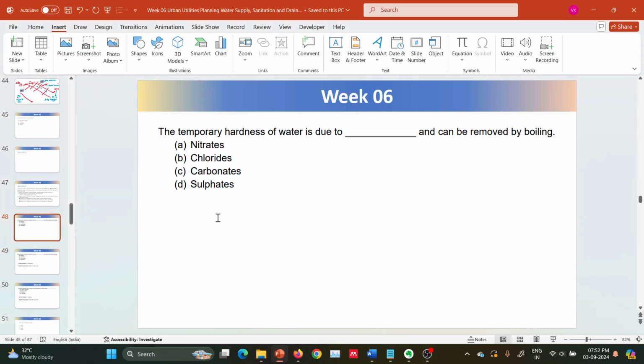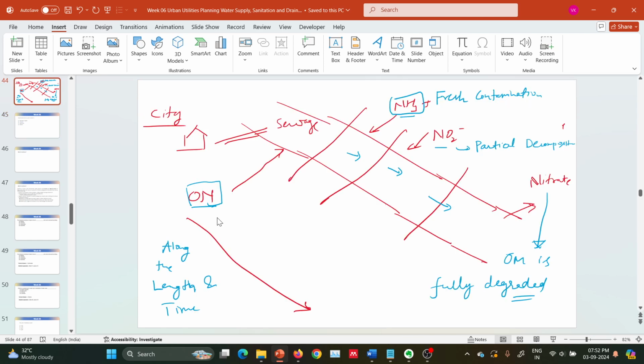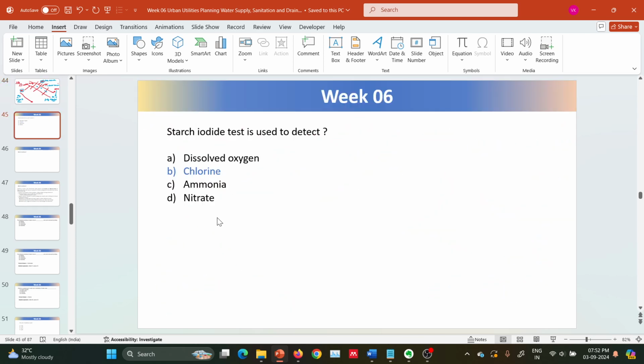Okay, now we'll move on to the next question. Starch iodide test is used to detect chlorine. So what is happening here? The chlorine in water.